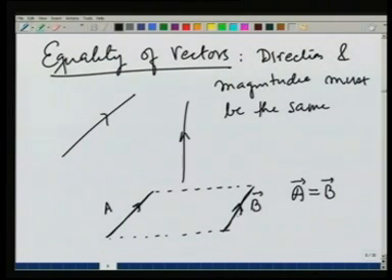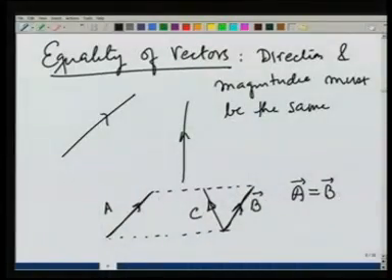On the other hand, if I make a vector here C, its magnitude may be the same as A, but it does not have the same direction as A, and therefore, A is not equal to C.